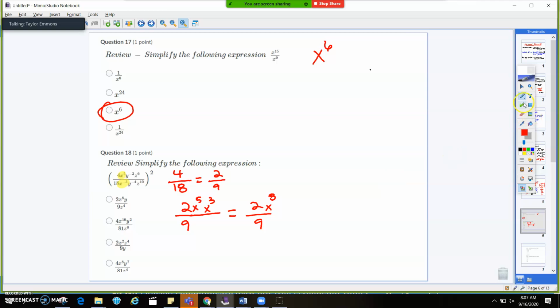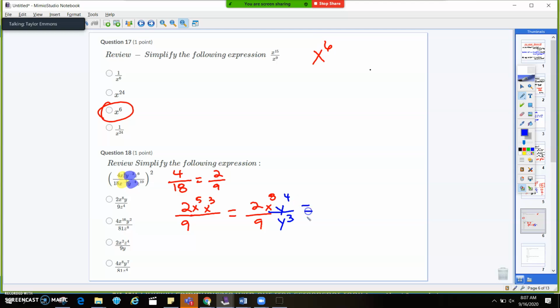Okay? So now we're going to look at our y values. We've got y to the negative 3rd and y to the negative 4th. Those negatives mean I'm going to flip them to the other side of the division line. So really, this is going to be y to the 4th over y to the 3rd.